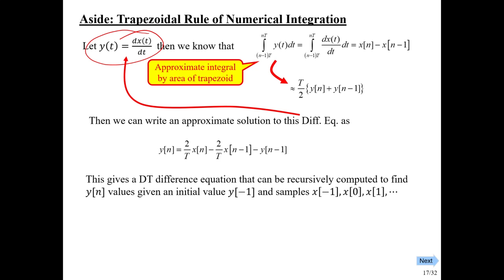So that's what we're going to do. And that's what I say here. We can recursively compute this to find the values of y of n given samples of x at appropriate places and some initial value. Okay, so keep that in mind. That's going to come into play as we apply that to our circuit here.